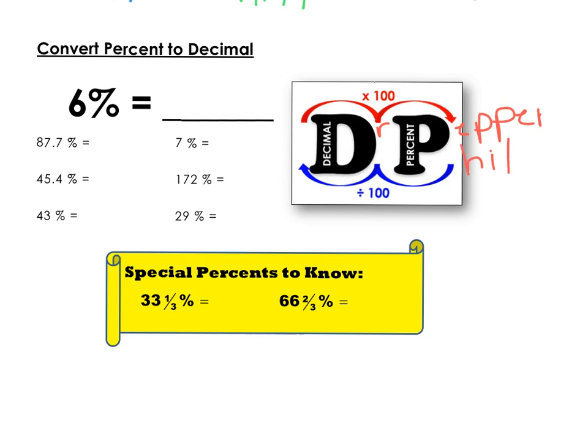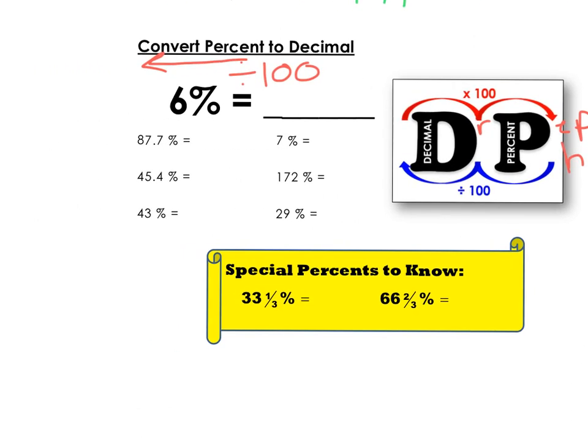But this time we are going to be dividing. So we're going to be moving twice to the left, which means we're going to be dividing by 100 to start with a percent and go to a decimal. So see now here how the percent is to the right and decimals to the left, so we're going to be moving left.